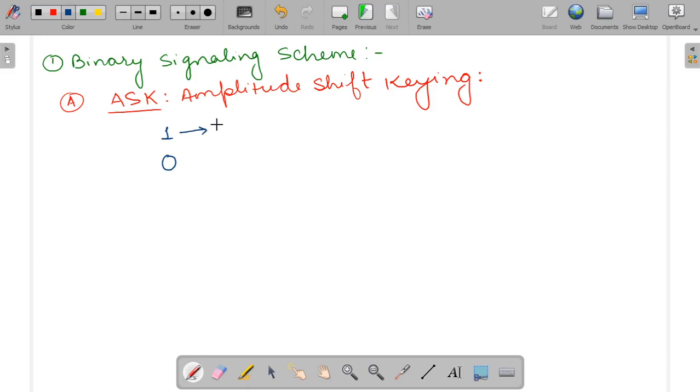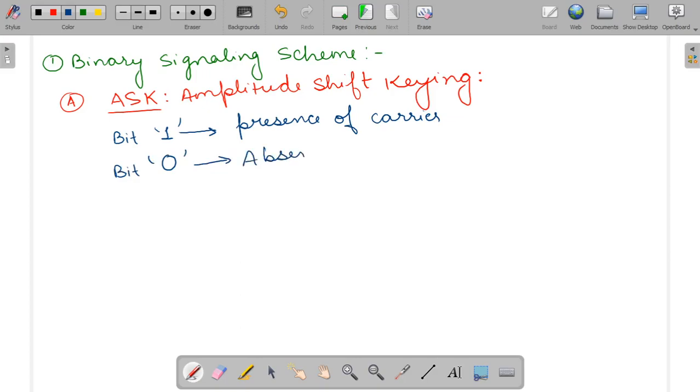So 1 is represented with the presence of carrier. If the bit is 1, that is represented as presence of carrier, and bit 0 is represented as absence of carrier.